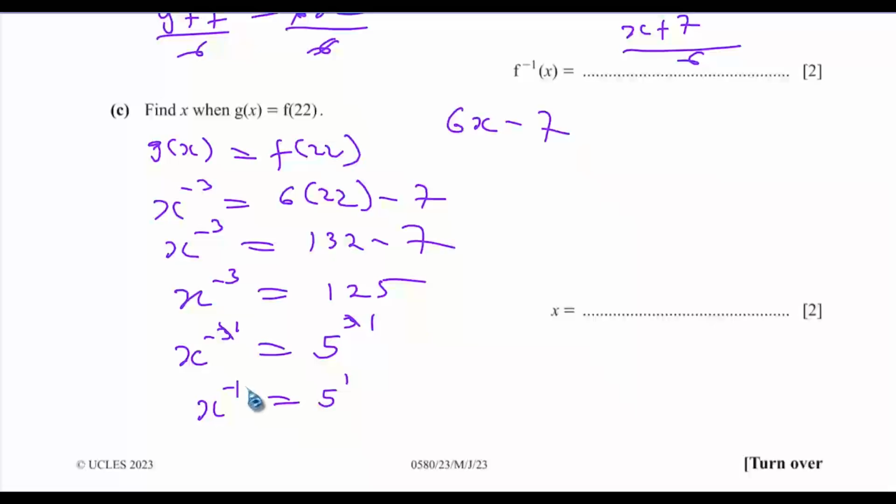So that will be times negative 1, times negative 1. So minus 1 times minus 1 will be positive 1, which is the same thing as x, and 1 times negative 1 remains negative 1. That will be 5 to the power of negative 1, which is the same thing as x equals 1 out of 5. So x is equals to 1 out of 5. So that is the value of x.